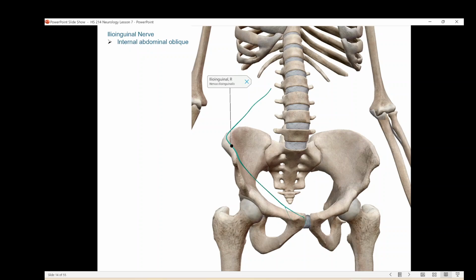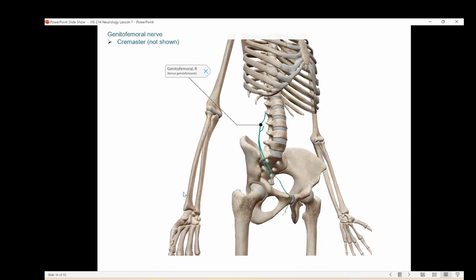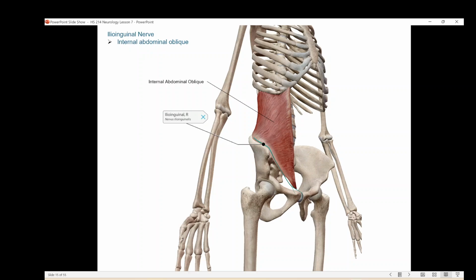The second nerve was the ilioinguinal nerve. So again, inguinal, as you can tell, it's running right by the inguinal ligament, which is right about over here, and it's going to head over to the genitalia. You can see it kind of heading right over this way. This one will, as far as muscles, do the internal abdominal oblique, which we saw before for the iliohypogastric nerve.